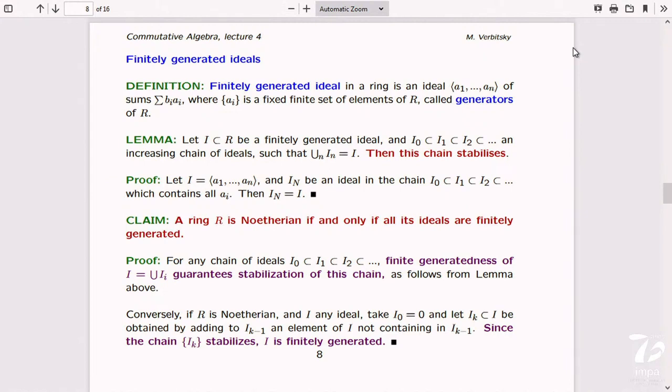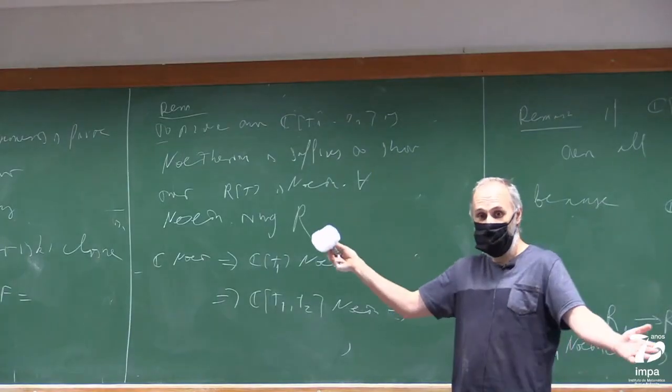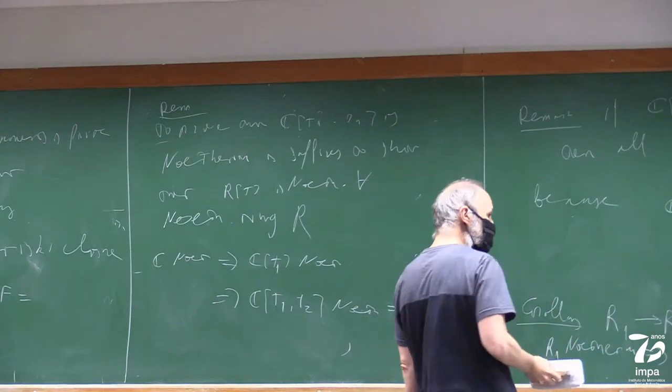I'm going to slightly reformulate the Hilbert basis theorem. Here it was just an example. We haven't proved it. No, it was an implication. If we can prove that, we're done. But of course, we didn't prove it yet.